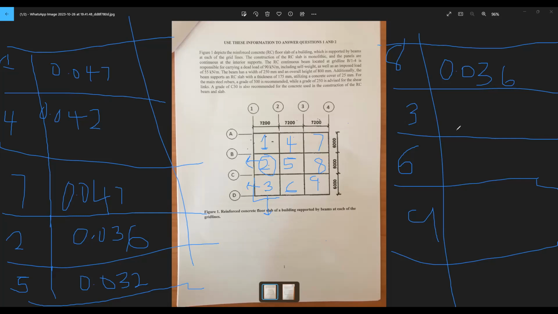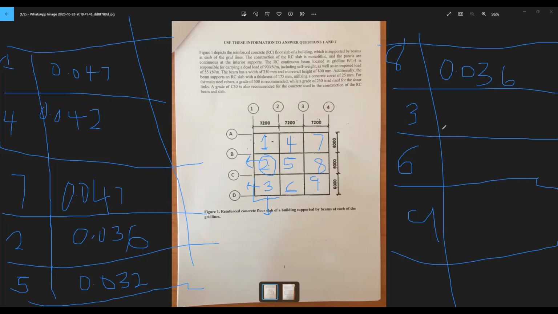So panel 3 is two adjacent edges discontinuous. We said panel 6 is one long edge discontinuous, and we said panel 9 is two adjacent sides or two adjacent edges discontinuous. So I'll leave that to you to do, and you let me know your answers, your concerns, and anything that you don't understand.